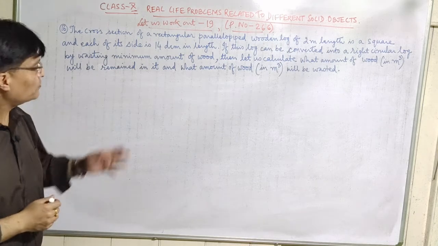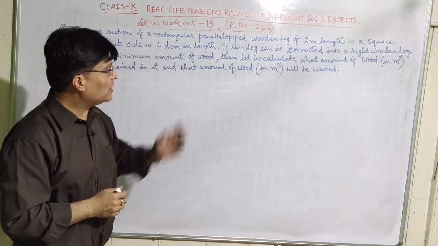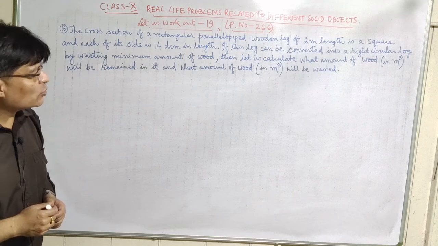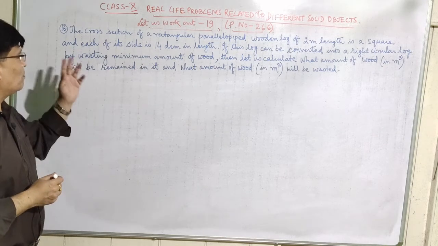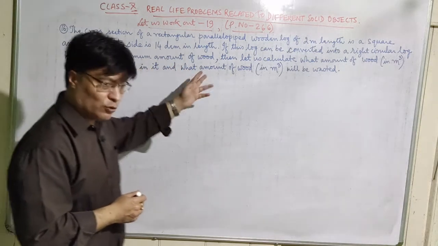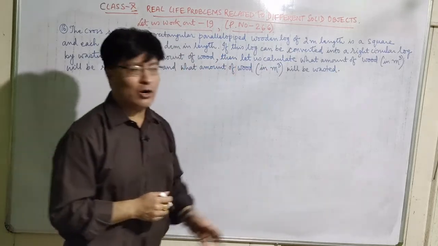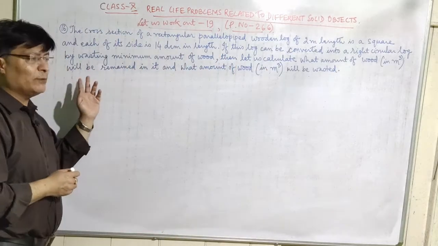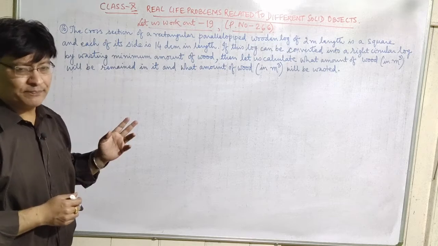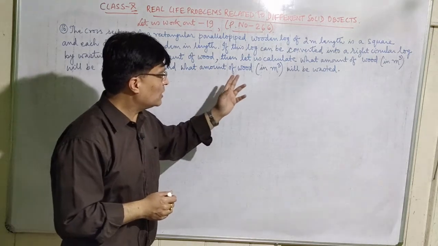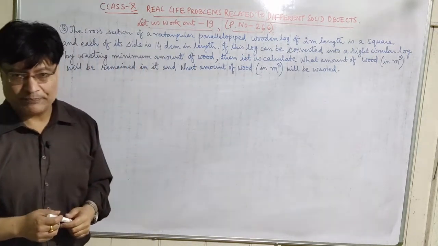Is that clear? Next, if this log of wood can be converted into a right circular log of wood by wasting minimum amount of wood, then let us calculate the amount of the wood that will be remained in it and what amount of wood in meter cube will be wasted.